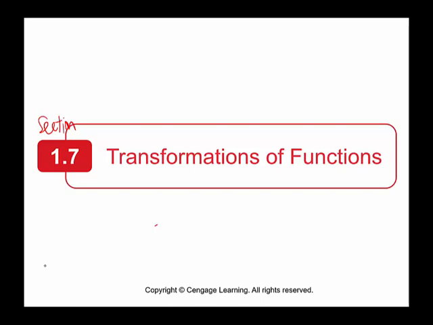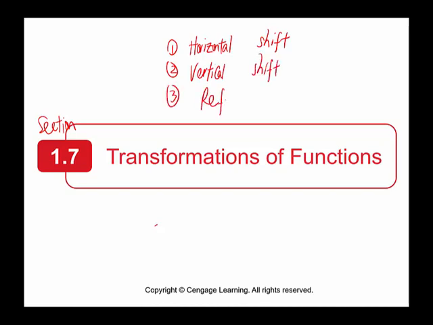There are four types of transformation: horizontal shift, vertical shift, and reflection.